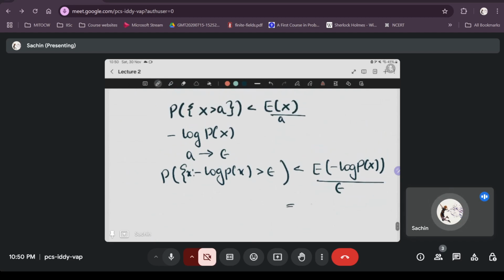Which can be written as, okay, we'll keep that as it is.